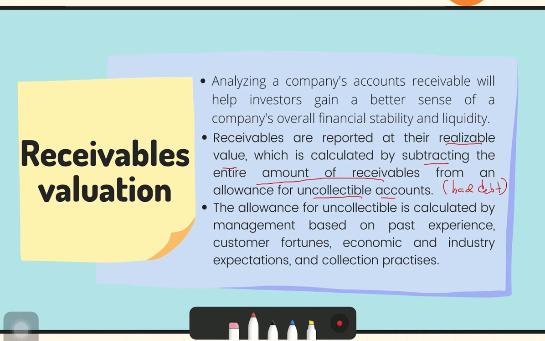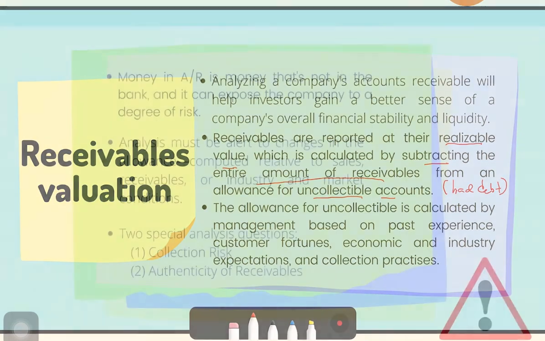Normally business owners know that some customers who receive credit will never pay their account balances. That's why the allowance for the uncollectible is calculated by management based on past experience, the customers' fortunes, the economic conditions, the industry expectations, and the collection practices.